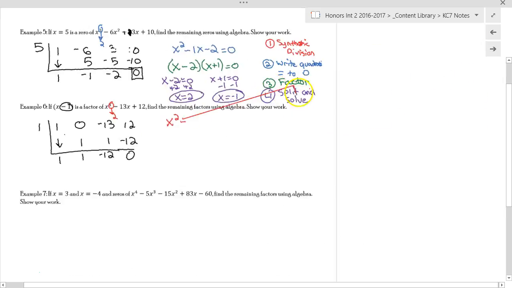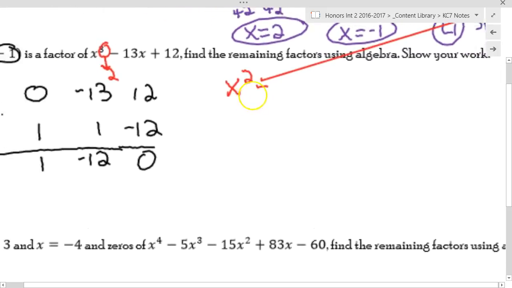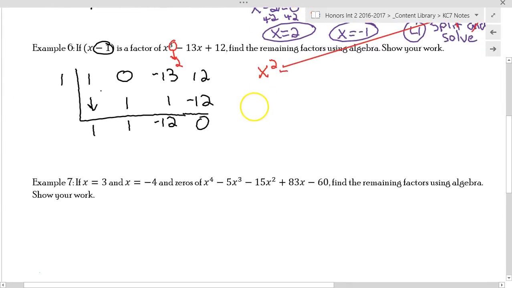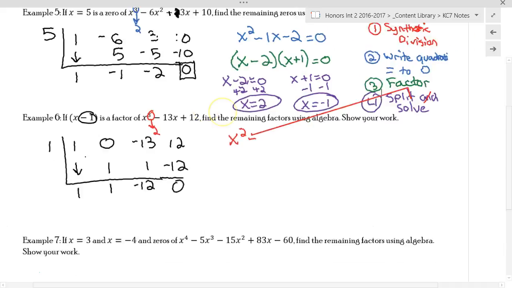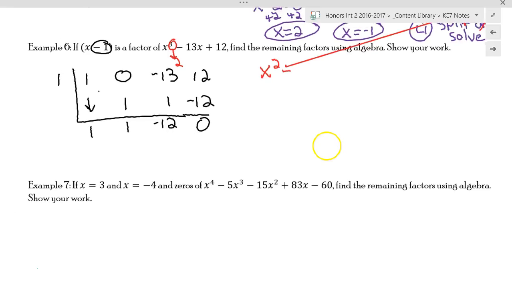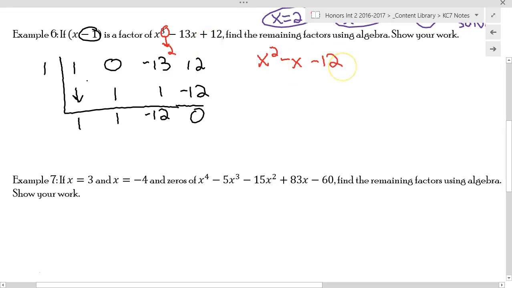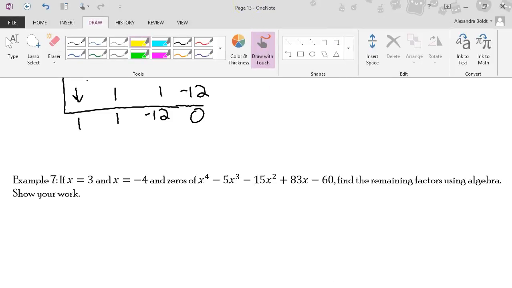So x squared, x, minus 12. When you're finding factors, you don't set it equal to 0. You're not solving, you're just factoring.